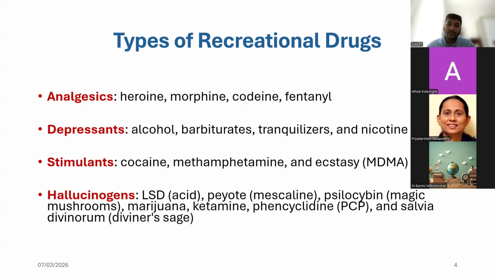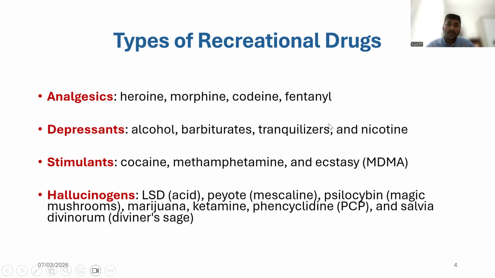Stimulants stimulate the central nervous system and have sympathomimetic activity, like cocaine, methamphetamine, and ecstasy, MDMA. Hallucinogens cause hallucinations and euphoria, like LSD, marijuana, and ketamine.